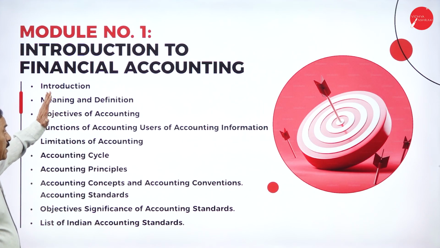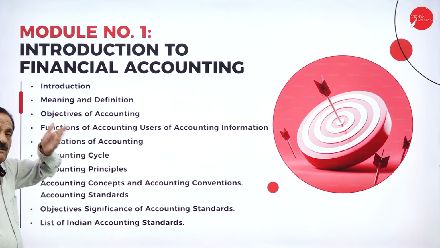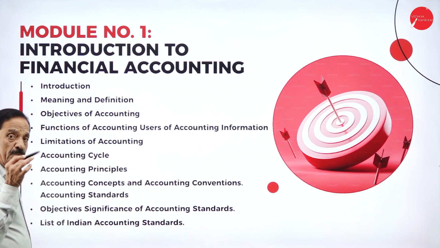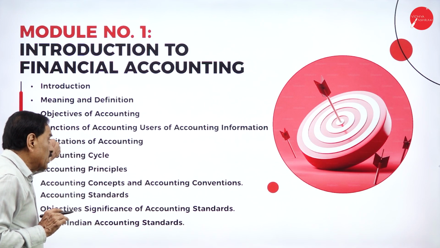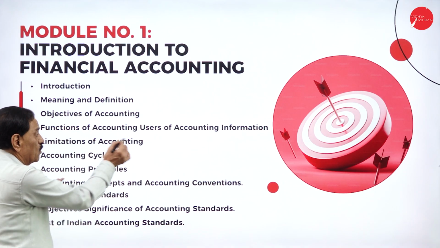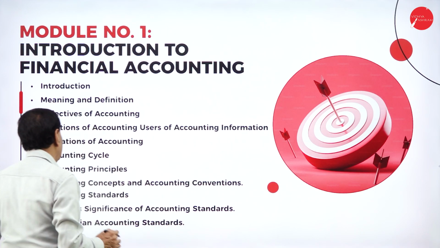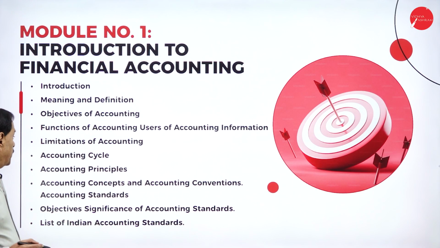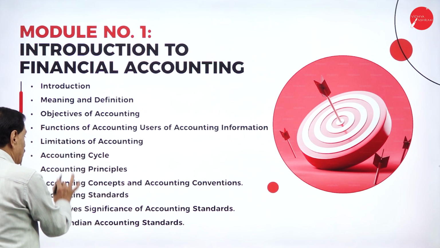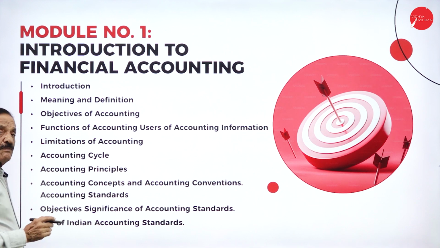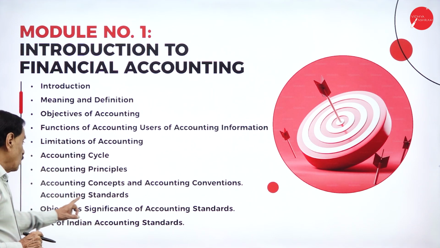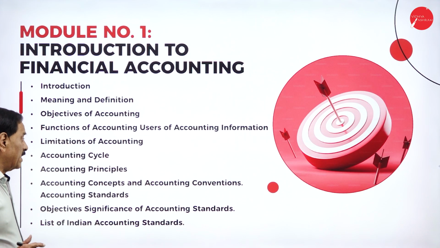First, we are going to understand what we mean by accounting, and what definitions are given by the different authors. Then the objectives of accounting, the functions of accounting, uses of accounting information, limitation of accounting meaning disadvantages of accounting, accounting cycle, and the principles of accounting, which is the major source which you are going to play with, accounting concepts and accounting convention.